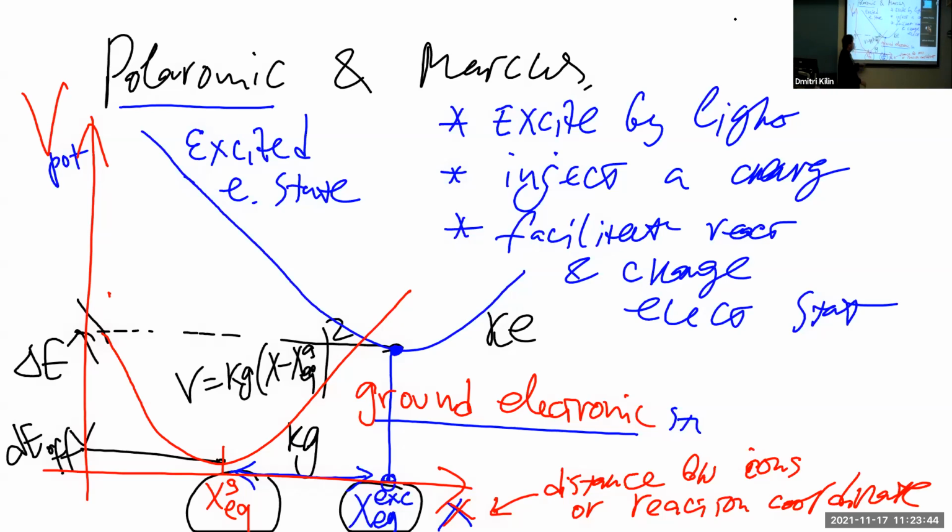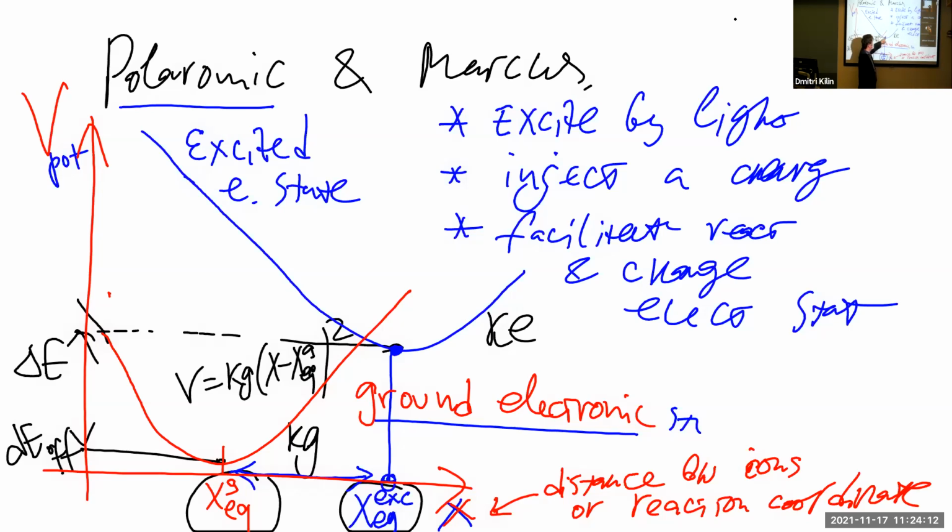So if we move the blue parabola up or the red parabola down, then the intersection will move into the minimum of the top parabola, and the activation energy of the transition state will be zero for this activationless regime.